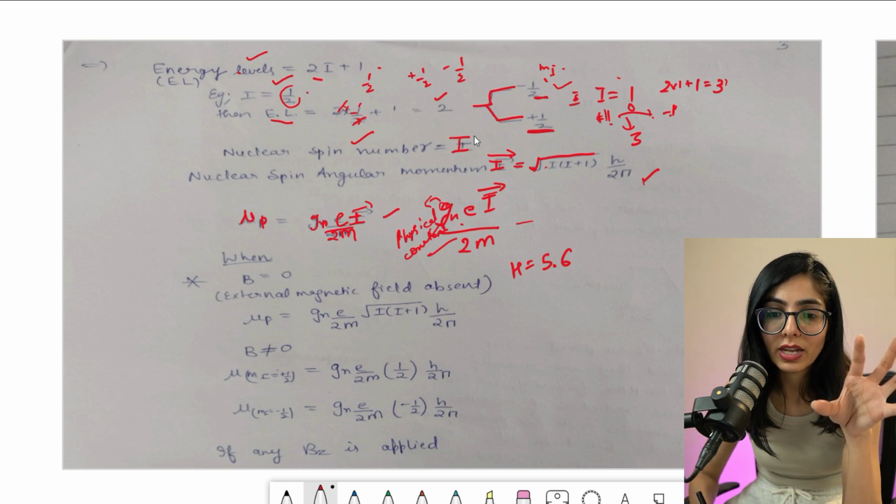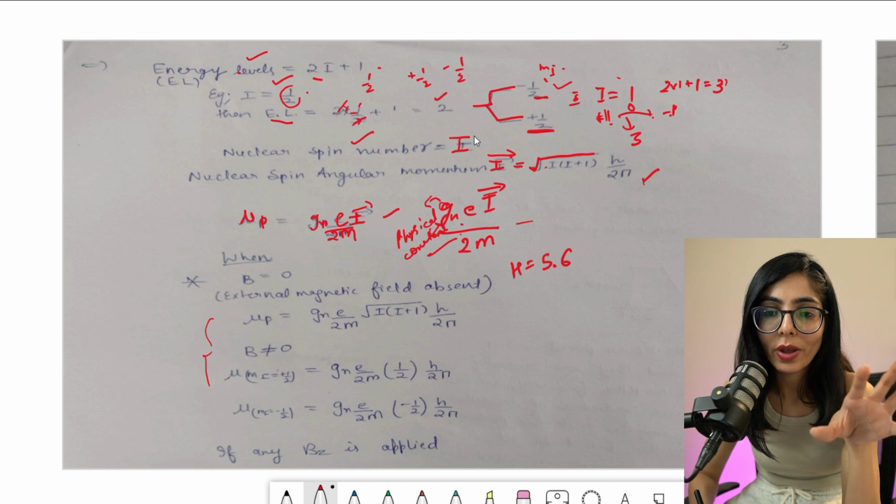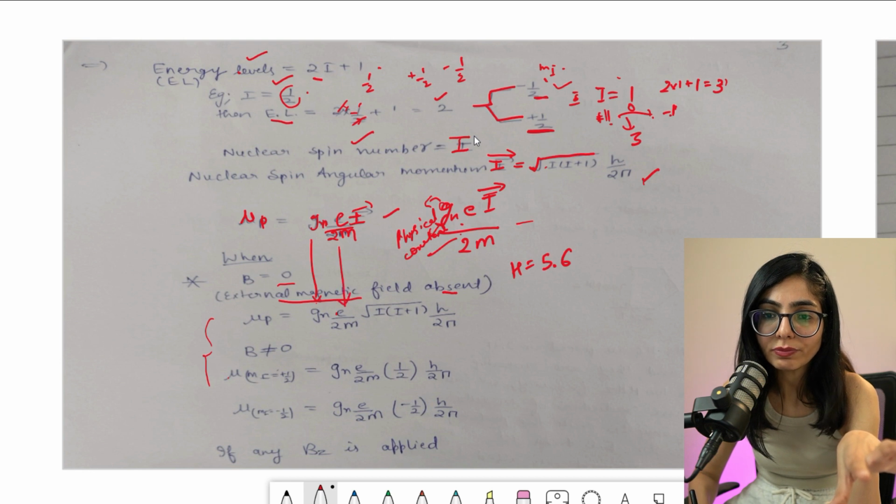And there is something you should know: what happens to this formula when the external magnetic field is absent. When there is no magnetic field, it would be Gn, e by 2m same, and this I, so that would be under root I plus 1 h by 2 pi.